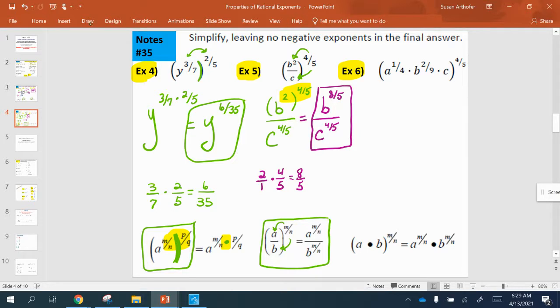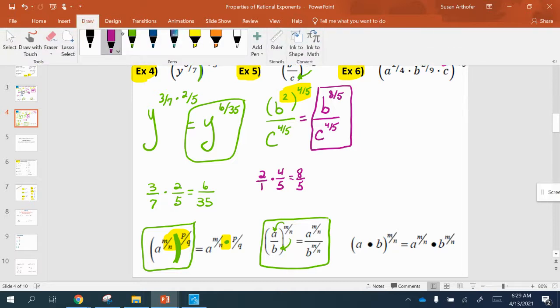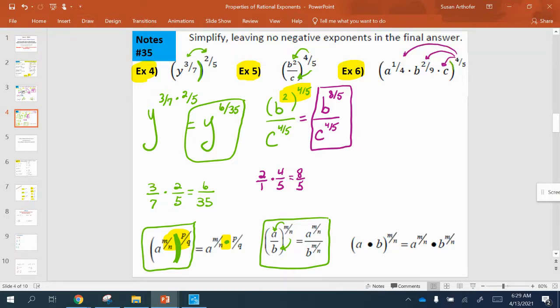Okay, the next one, we're just going to distribute, distribute. Now remember, each time that we distribute, we're going to be multiplying the exponents because of this parenthesis. So you can think of this as having a parenthesis on each one.